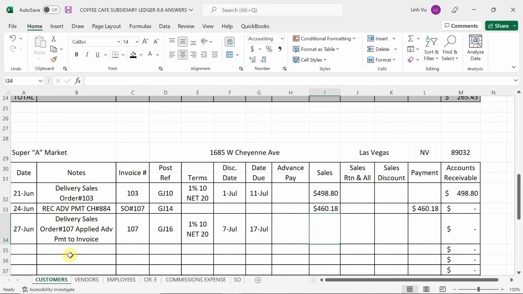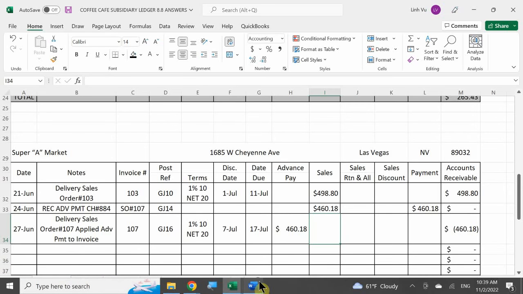Okay, so this is where we have to do our advance payment, right? The advance payment was for $460.18. What was the total amount that the invoice was for before the advance payment was applied?